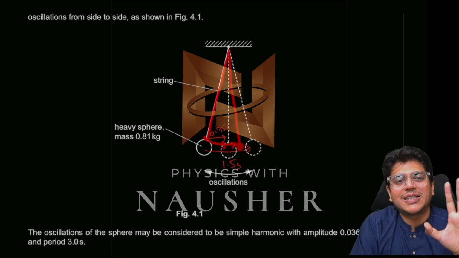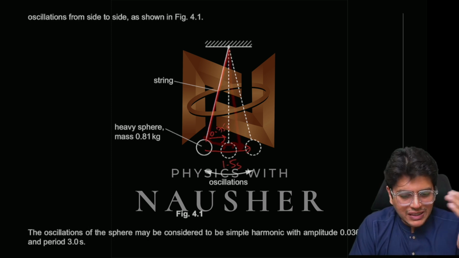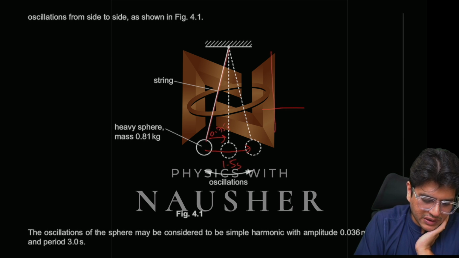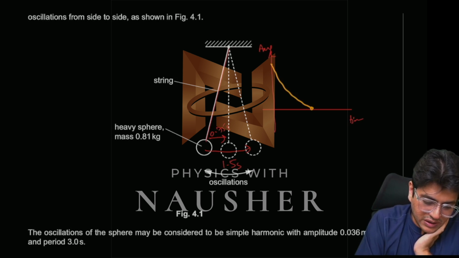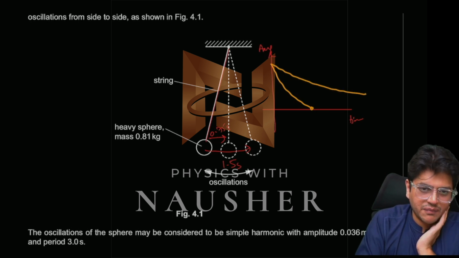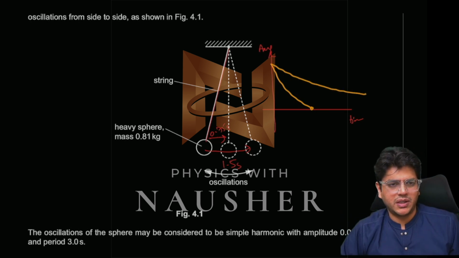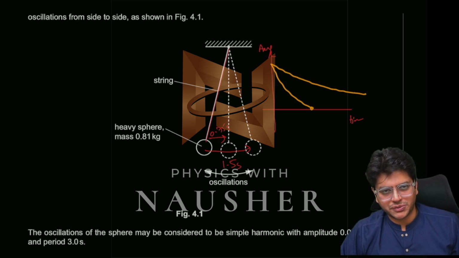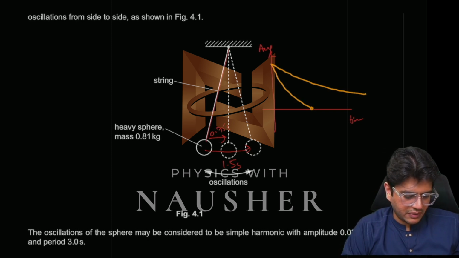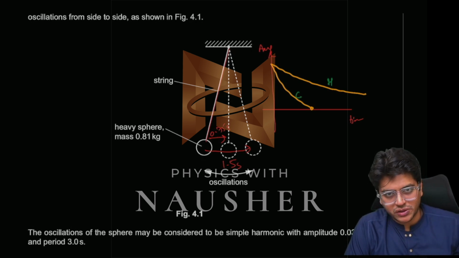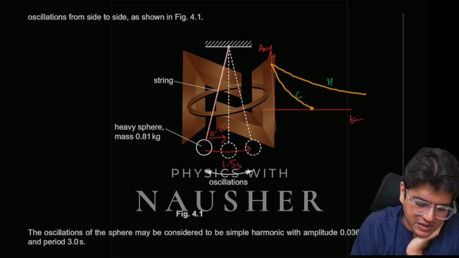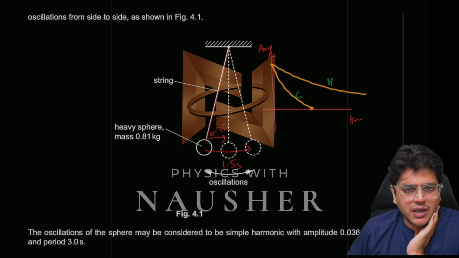What is the difference between critical damping and light damping? In critical damping, if this is your amplitude and this is your time, you basically go down like this. This is critical. Heavy damping is where you take an infinite amount of time to come to rest.